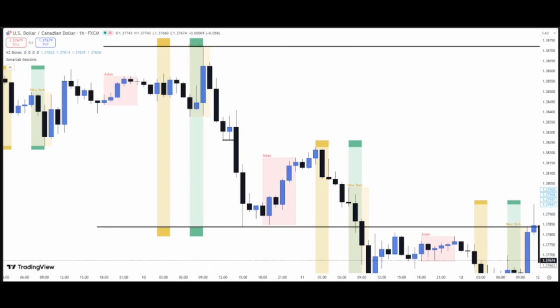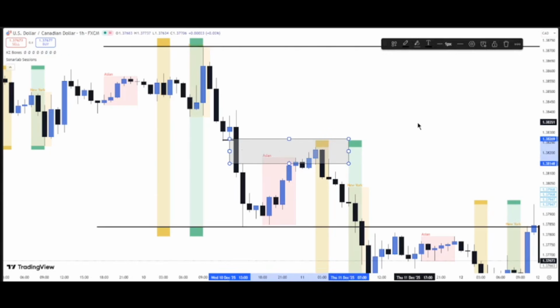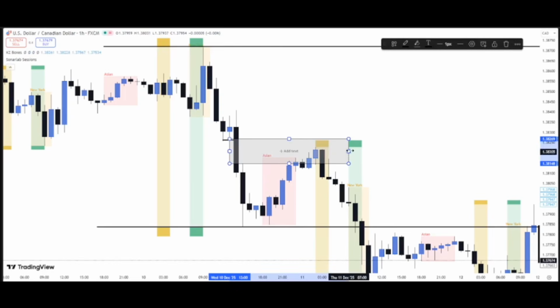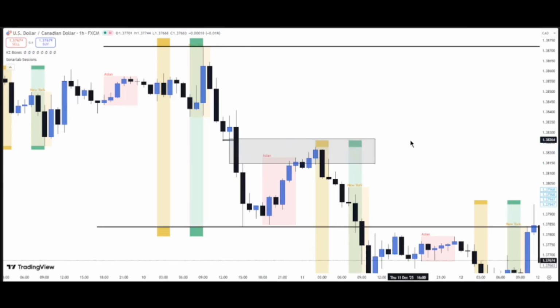Now for me, for this very example, we want to look at this. What do you call this, guys? I'm sure you know that this is a fair value gap. All right, and price rotated back up and tapped into that fair value gap. So you could have gone and entered your trade, going short from here.